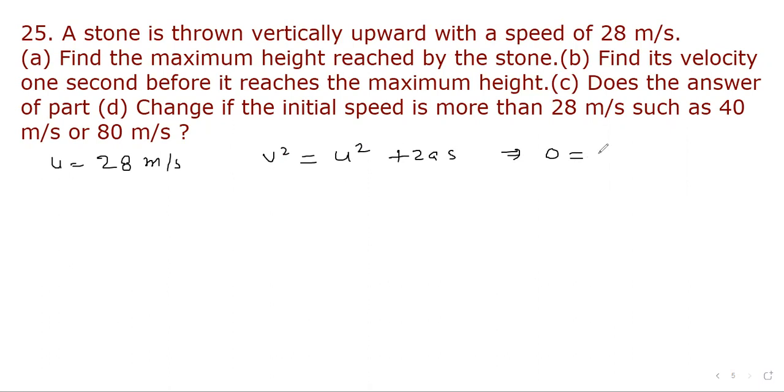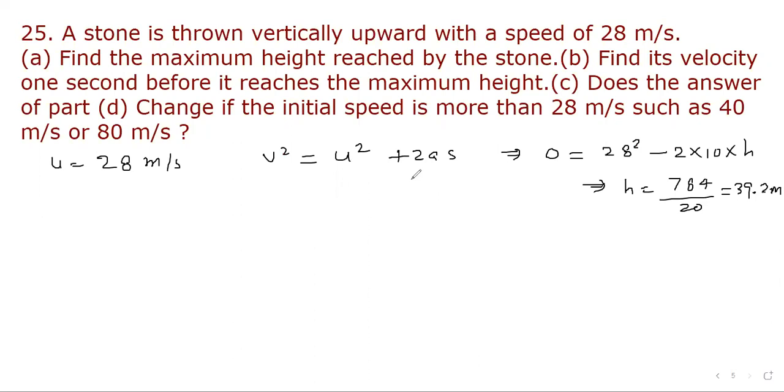Final velocity 0. u square 28 square minus 2 into 10 into h. So this will give h equal to 784 divided by 20, which will be equal to 39.2 meter.